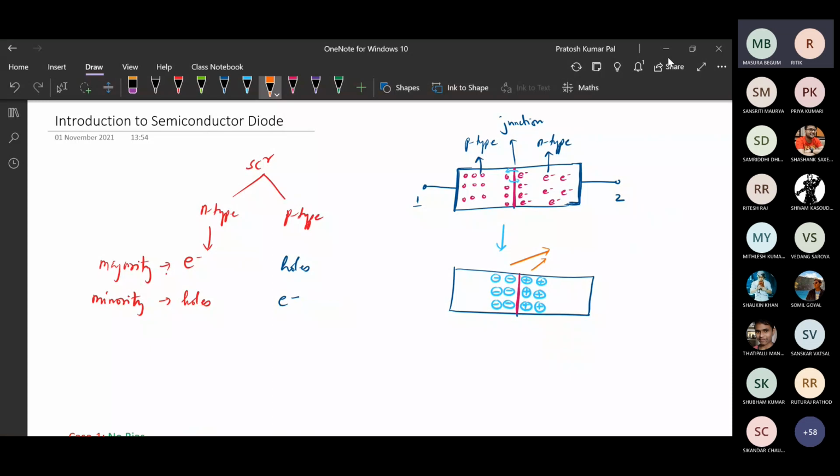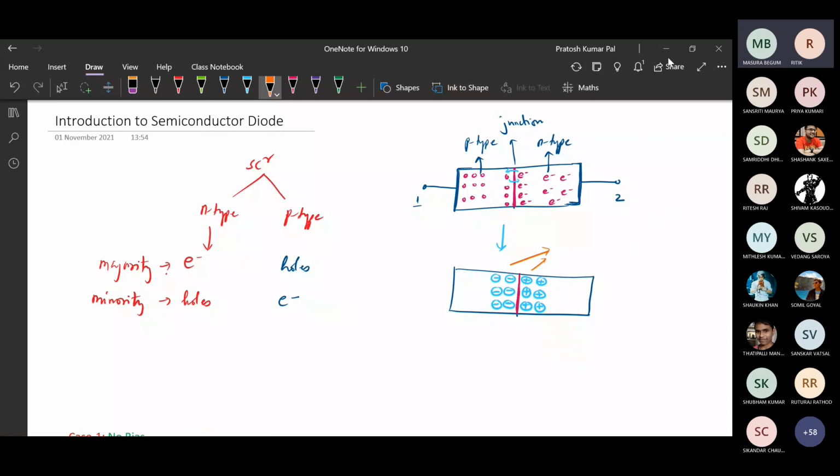So a potential develops as the n-type and p-type materials are combined with each other. That voltage is generated at the junction of these two layers. Now we will see how semiconductor diodes behave when we apply some potential to their terminals.